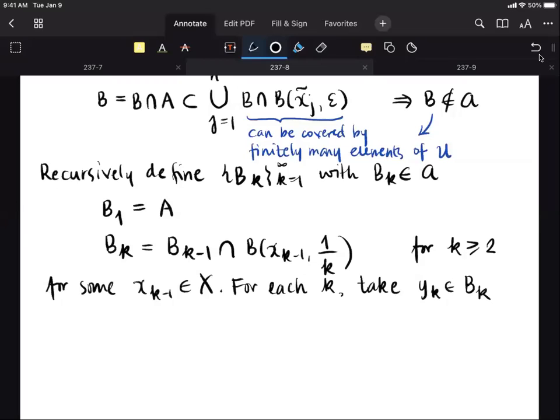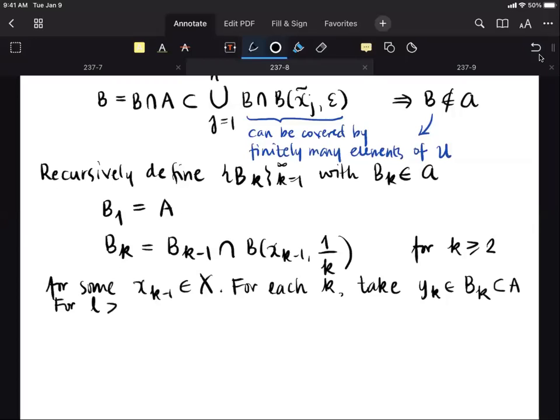Of course, we know that this B sub k is in A, since we started with the set A. So all of this must be a subset of A.